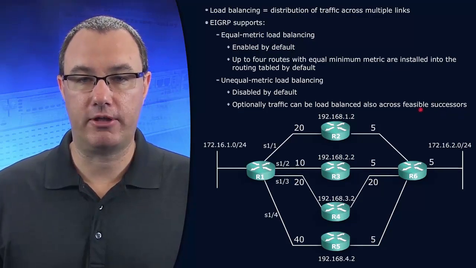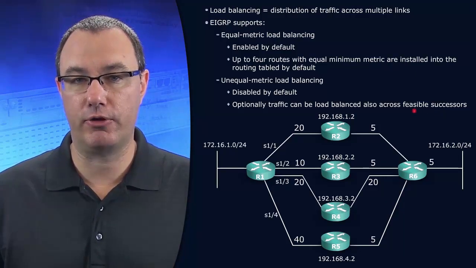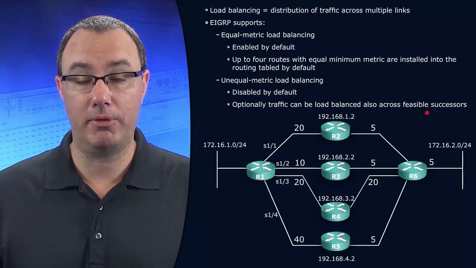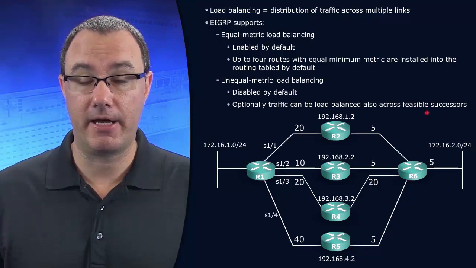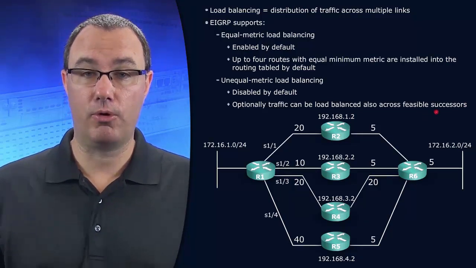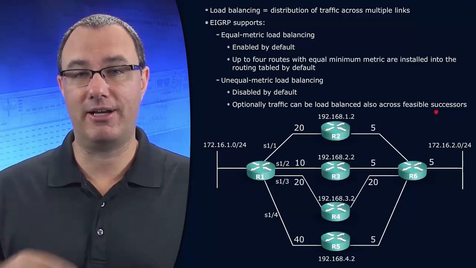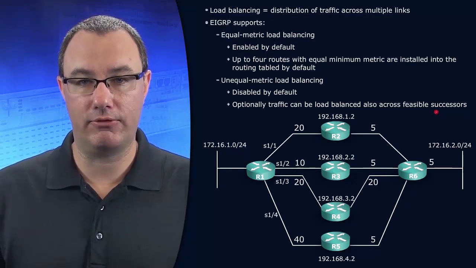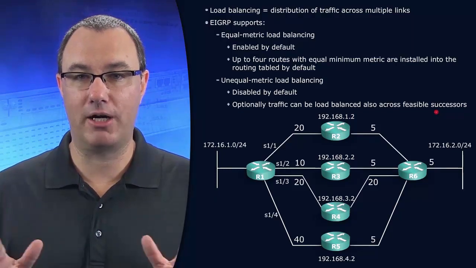A feasible successor might provide very different quality of service behavior than the successor. We might be going across a totally different type of WAN link. We might not have as much bandwidth. There might be a lot of extra jitter, and therefore we're steering traffic to a suboptimal route because we think it's helping overall.